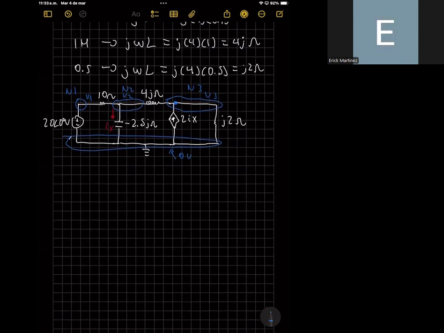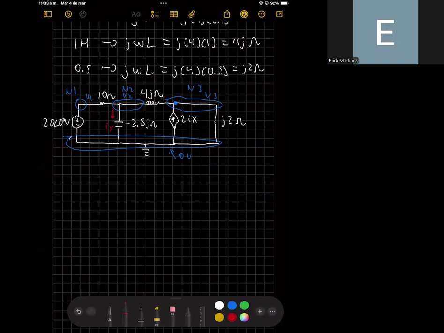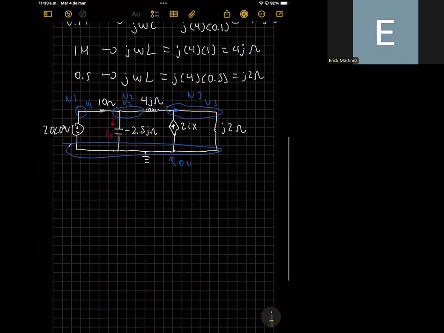Also, it's important that we define the directions of the currents in the circuit. So for example, here we will have a current that I will label as I1.